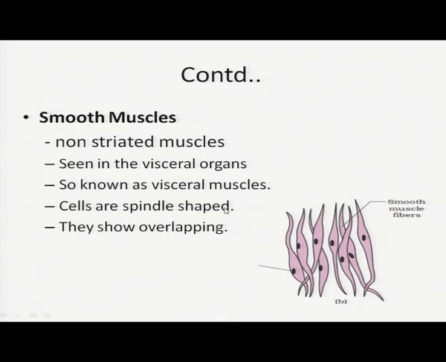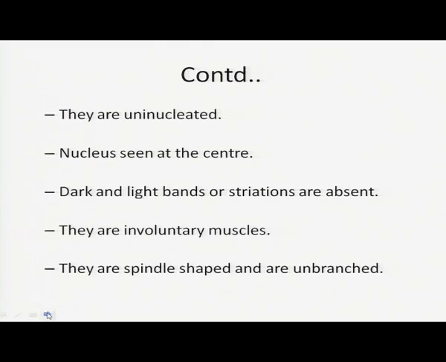Cells are spindle in shape. They are involuntary muscles because they do not act according to our will and wish. We can't regulate their action. They are totally unbranched and show overlapping.